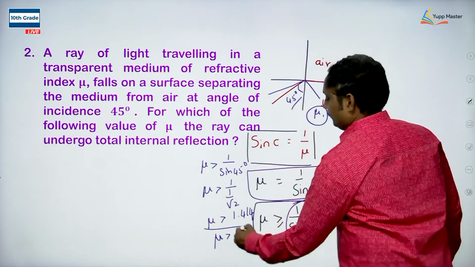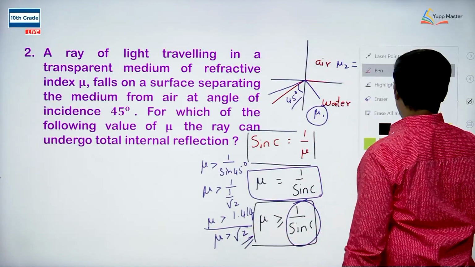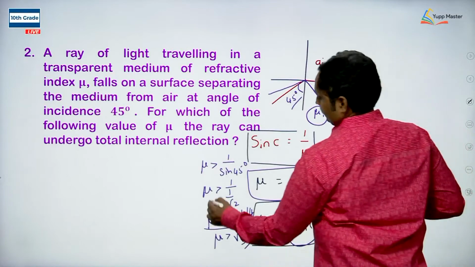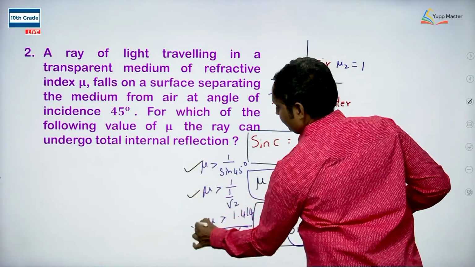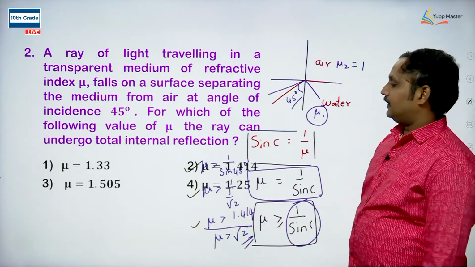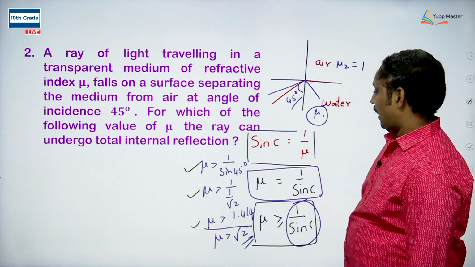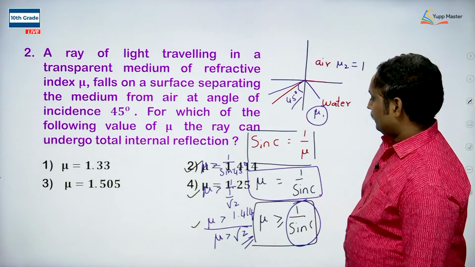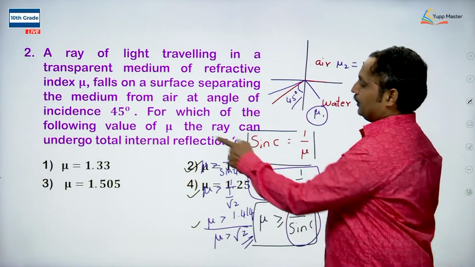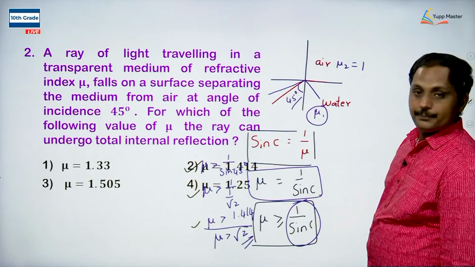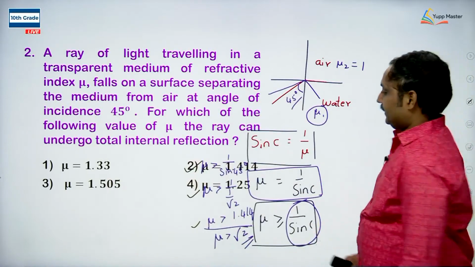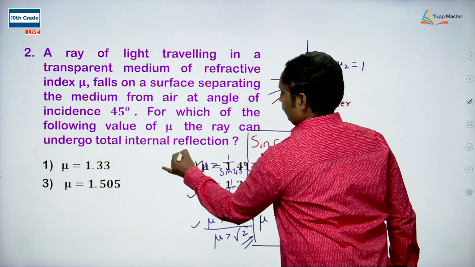If they have given the answer, please check it. This is the first step and the second step. Let us see the options. We have 1.33, 1.414, and one more option which is not visible.